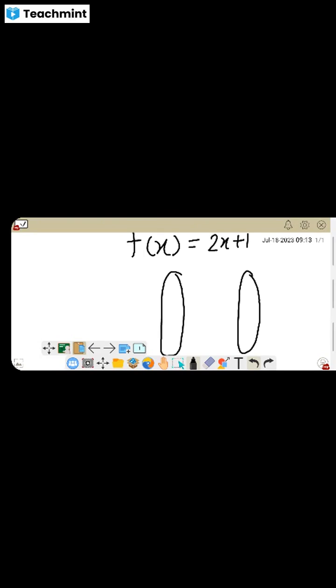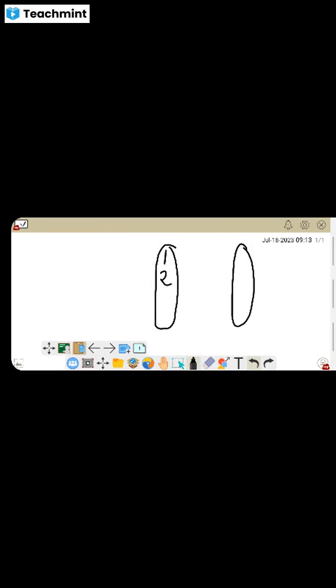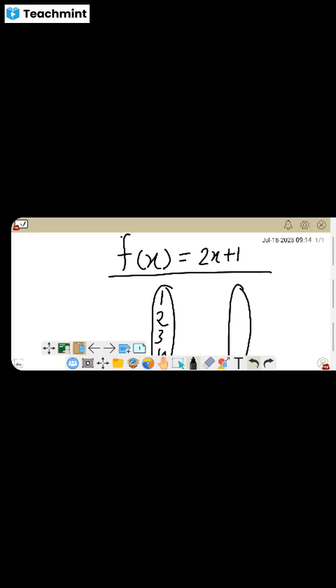So let us say we have f(x) is equal to 2x plus 1. Now let us define it by using mapping. We have the values 1, 2, 3 and 4. This is set A and this is B. If we have this function, now put 1 here, then we have 3.